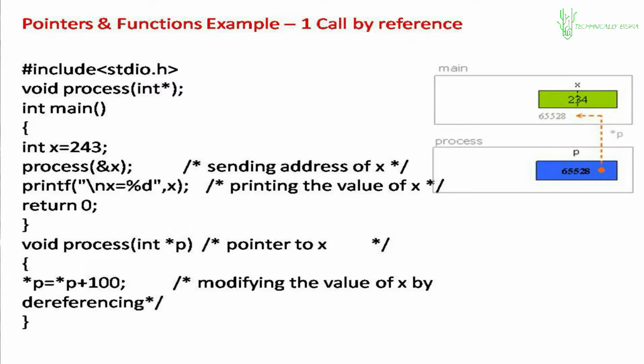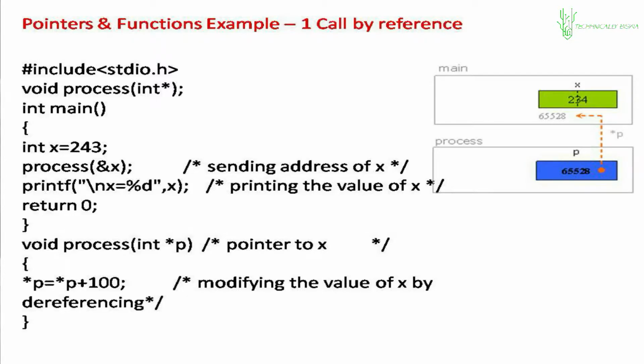We are used to passing integers, characters, float, double values directly, so when we do that, we say only int, but here we are saying int star. What do we mean by that? We are saying process function will take one integer pointer as argument. That means one integer address as argument. Alright, address of an integer.